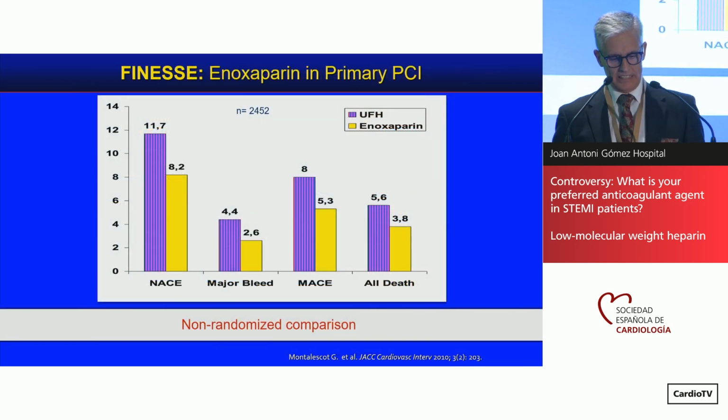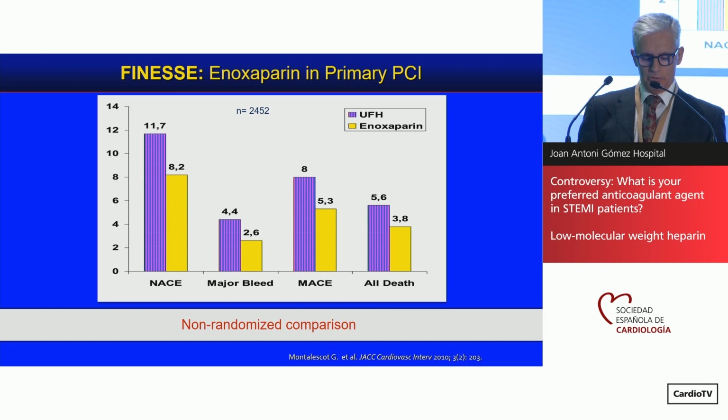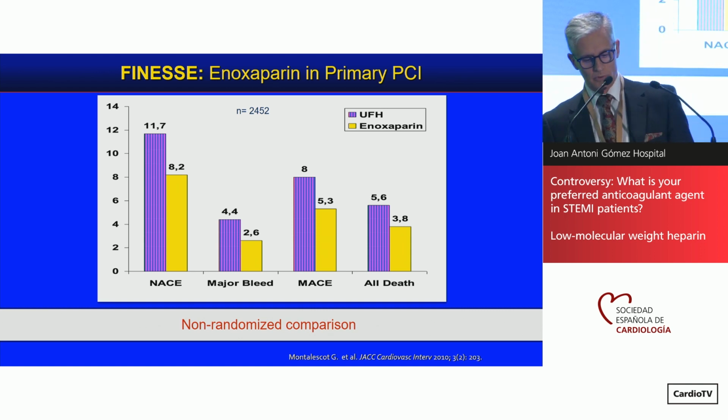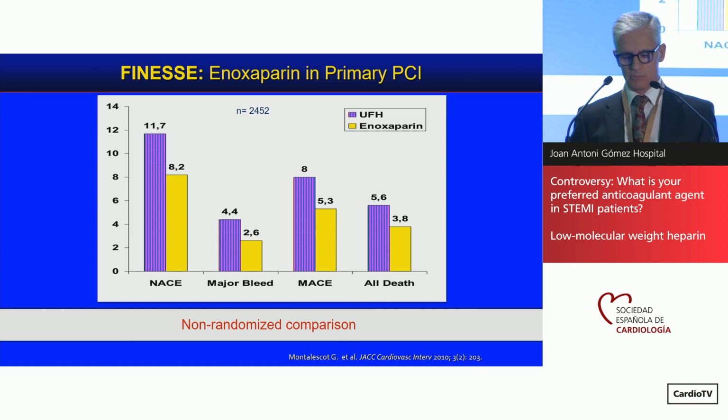But we have several data. Remember, there is not a randomized comparison, but when we analyze the different events in this study, the net clinical events, major bleeding, major adverse cardiac events, and all-cause death, there is a trend in favor of patients treated with enoxaparin.